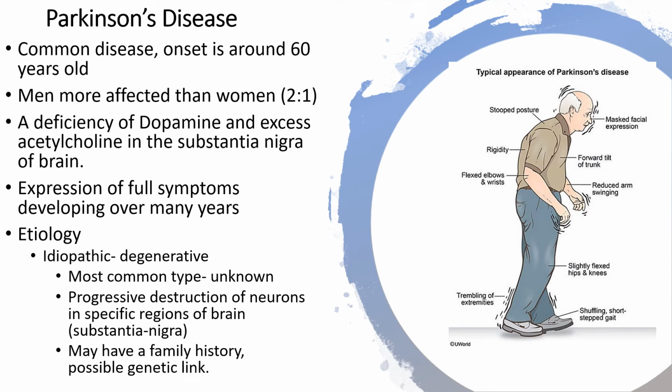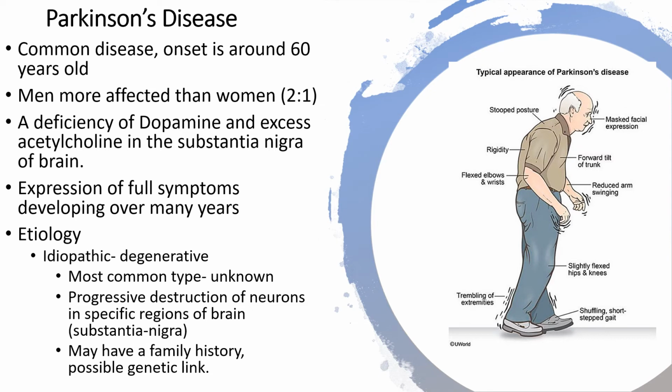So Parkinson's disease is a condition of a small part of the brain called the substantia nigra. This part of the brain is responsible for movements. So it's involved in controlling and helping with fine motor movements.